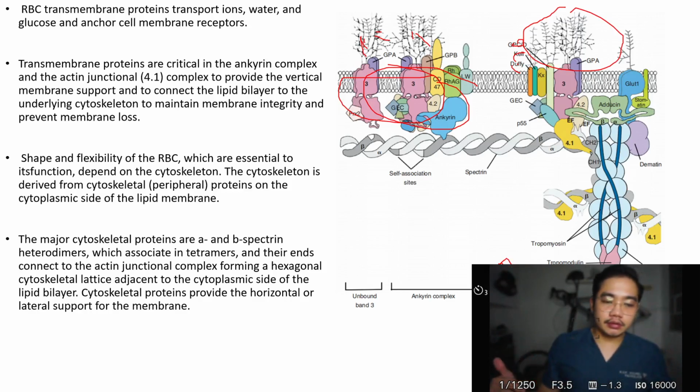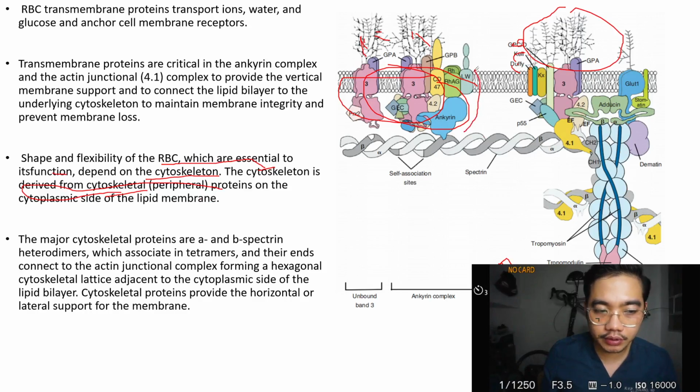Next is kane. So the shape and flexibility, like I said earlier, which is essential to its function, depend on the cytoskeleton. The cytoskeleton is derived from the peripheral proteins. So this is your transmembrane proteins, what we call integral proteins. Your peripheral proteins are this one, no?